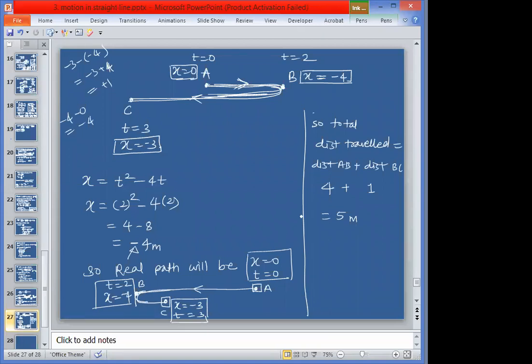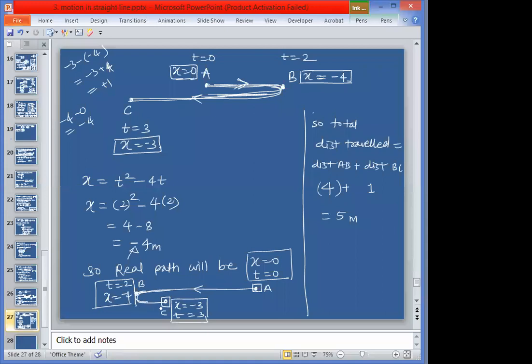So we note +4. And this distance, point B to C distance. B to C distance किती येणार? A to B काढलं plus B to C. This marking minus this marking. So -4 minus -3, or -3 minus -4. So -3 minus -4, so minus plus, -3 plus 4. That is +1.